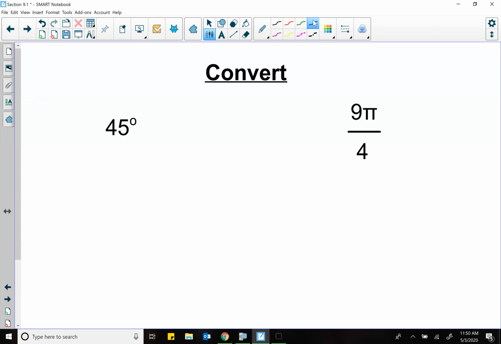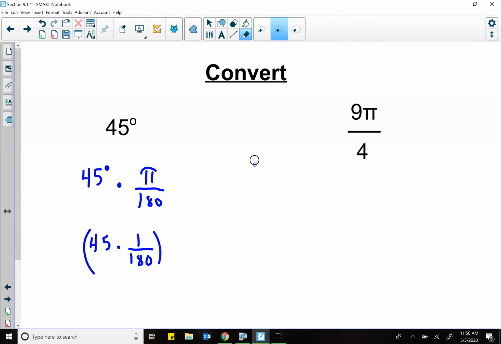All right. So right over here, we're going to take 45 degrees and multiply that by pi over 180. So in other words, really what's going on is you're just taking 45 times 1 over 180. That's really what's going on behind the scenes.